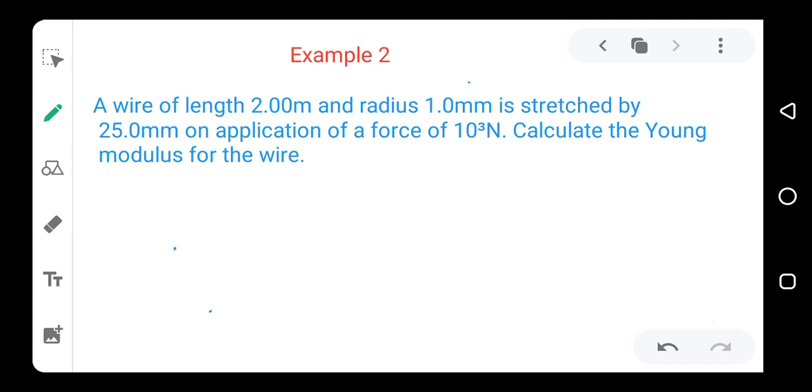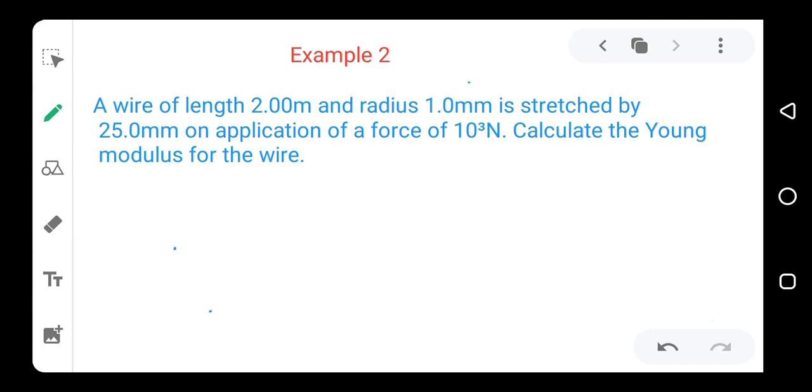The shape of an object determines its area. Now, for this one, this is a wire. The cross-sectional area of a wire is given by pi r squared. That is what we use to get the cross-sectional area of a wire.